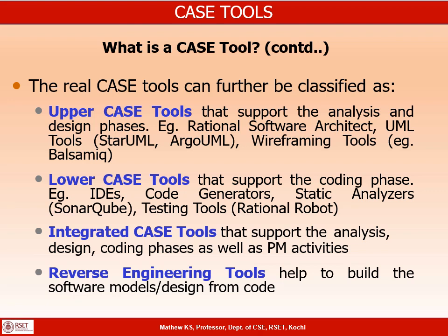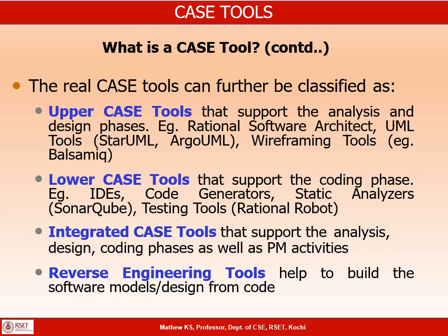Then there are tools which support the developer in coding and testing, which are called lower CASE tools. They support the coding phase, like IDEs. There are a lot of IDEs, .NET IDE, Java, Eclipse. These are some of the tools which help the programmer to do the coding. There are automatic code generators that support the development team to generate the code automatically once you have the structured design using Rational Rose or some other design upper CASE tool.